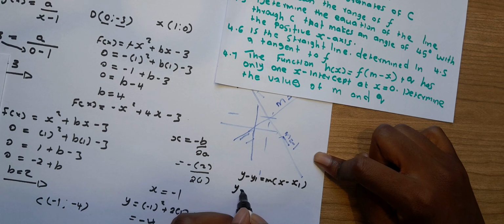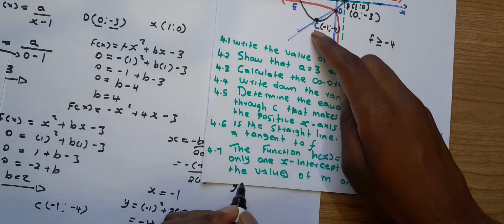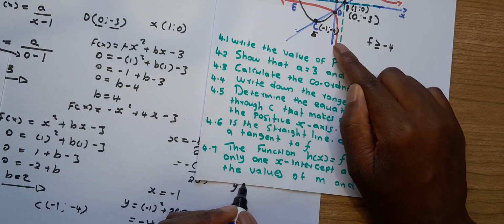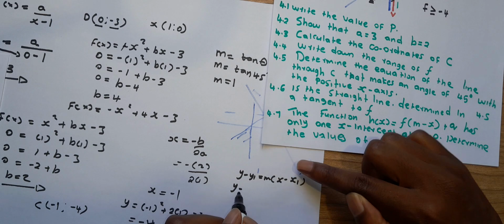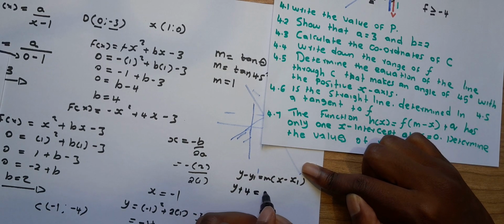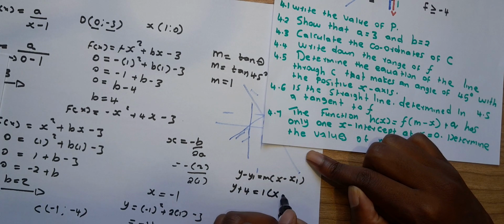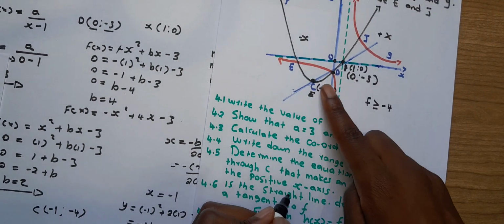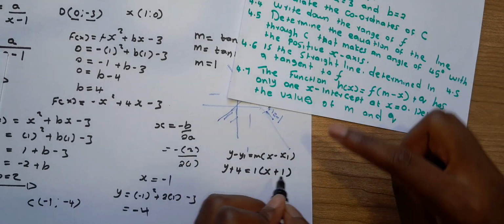What is y1? Let's use the coordinates of C, because they are the ones they told us about here. So y1 is minus 4, which will change to positive 4. The m is 1, and x minus x1 will change into plus 1 because this is -1, and another negative changes into 1.